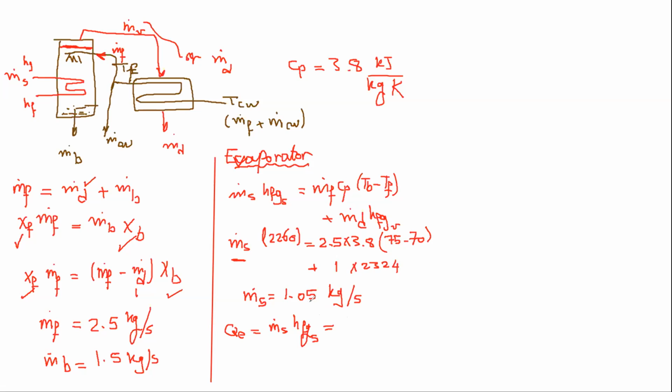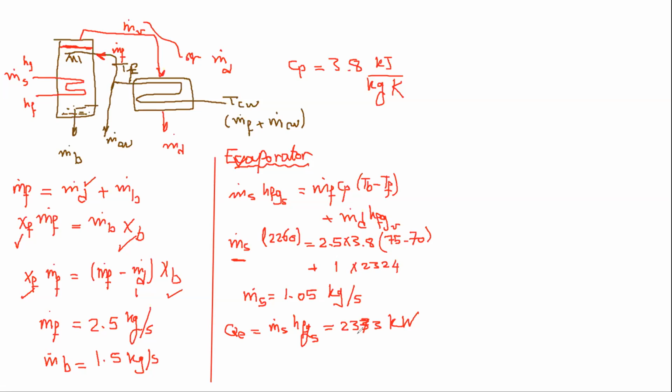So the 1.05, the mass flow rate of the steam, multiplied by HFG, it's going to be 2,373 kilowatts. So this is the heat transfer rate inside the evaporator. By the way, you could also obtain it by 2.5 into 3.8 into 5 plus 2324. It will give you the same value.